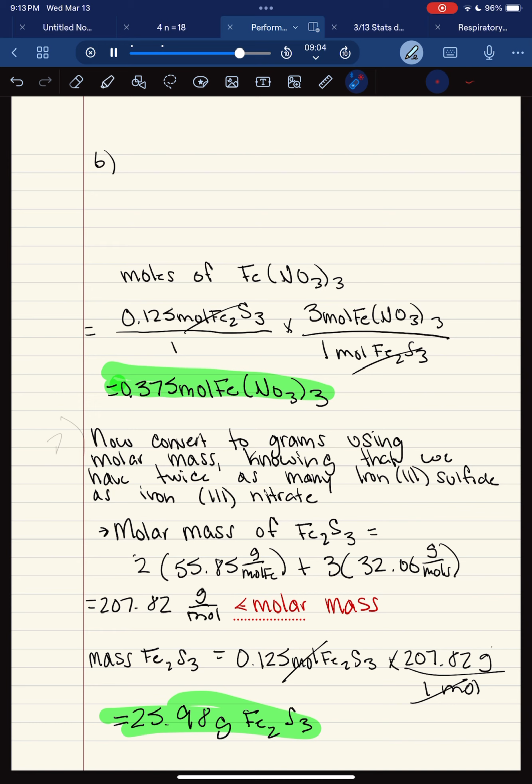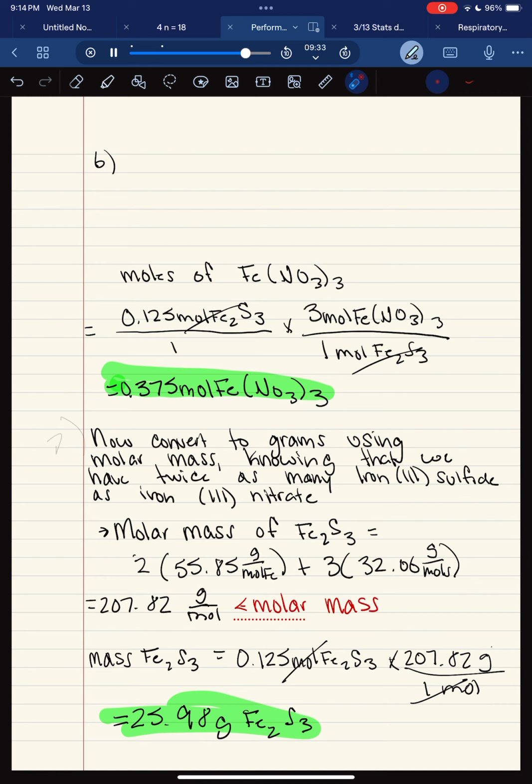We know we have 0.125 moles of the sodium sulfide, and we can multiply that by 3 because of what I just stated before. So we can cross multiply here, which brings us to 0.375 moles of our iron nitrate.